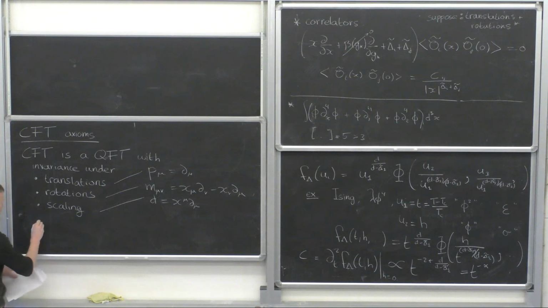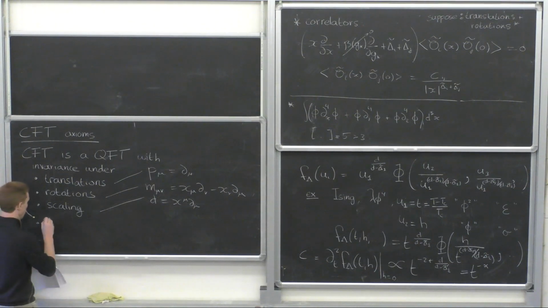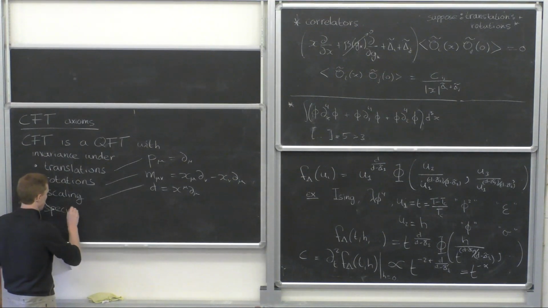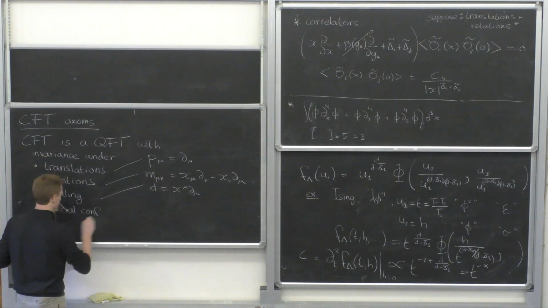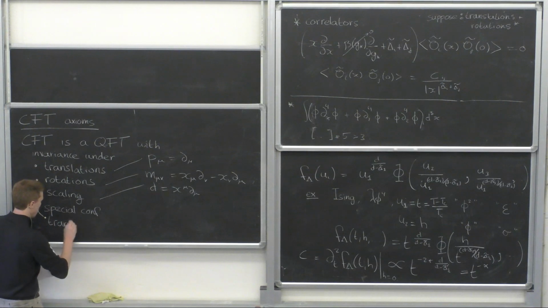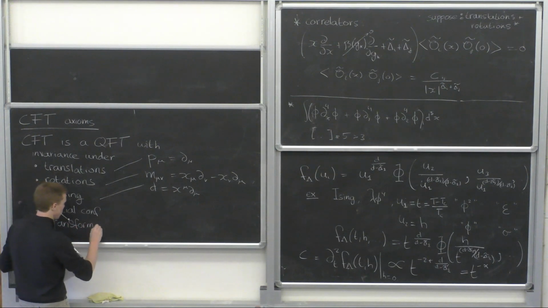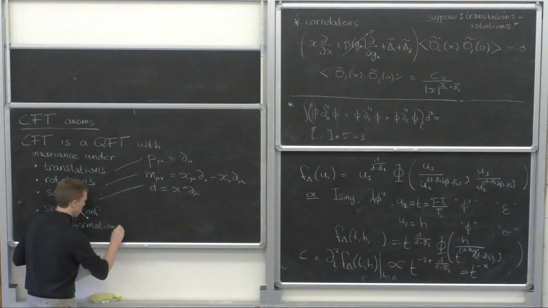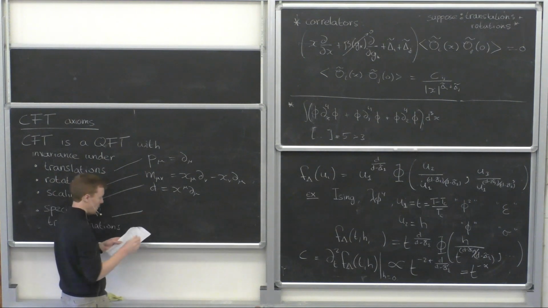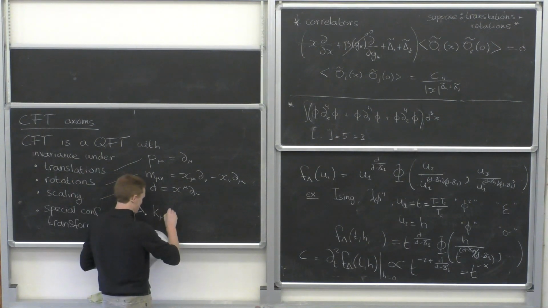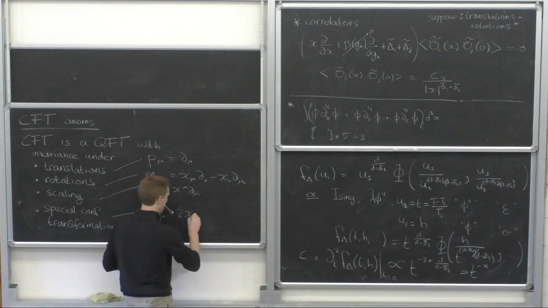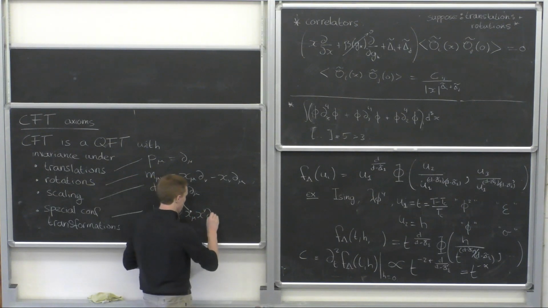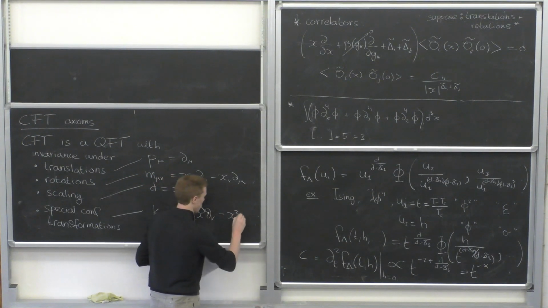And then a conformal field theory has one more set of symmetry, which are special conformal transformations, which corresponds to a strange set of vector fields: 2 times x mu x nu d nu minus x squared d mu.